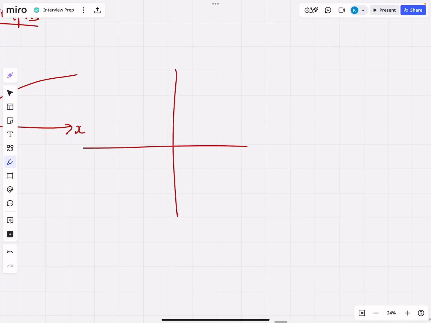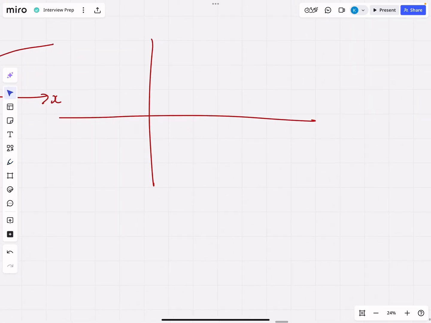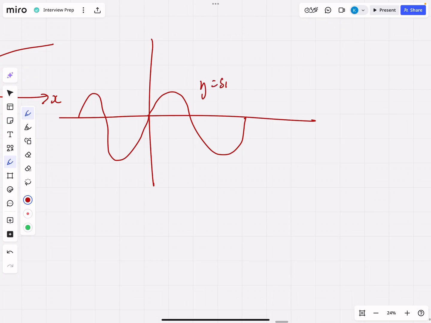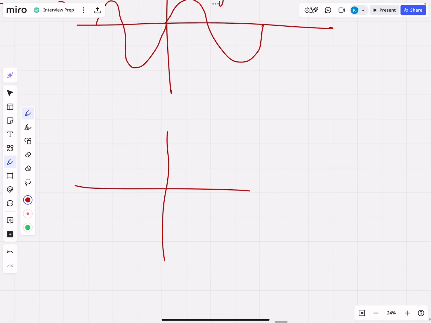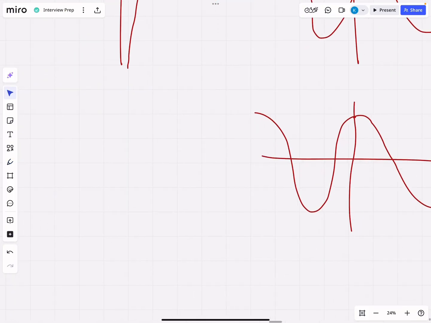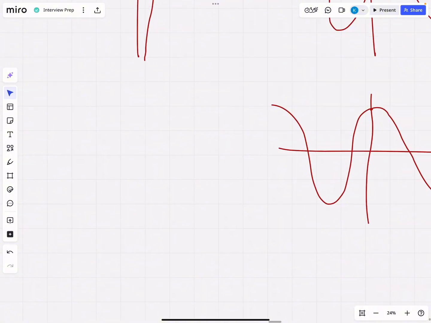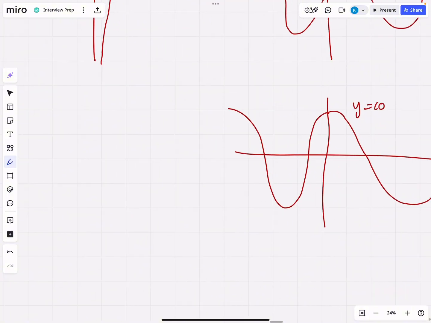You've got your trig functions, so sine x and cosine x. So that's sine x, and obviously cosine x. You've also got, what are the other ones?